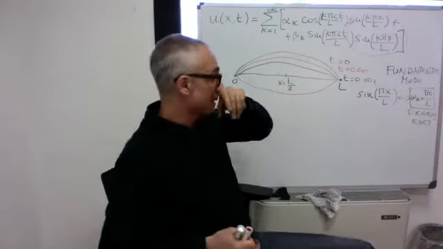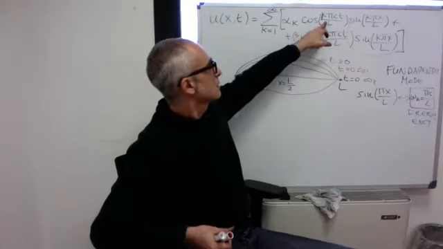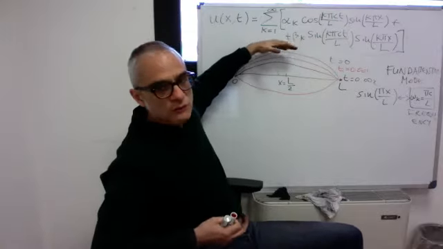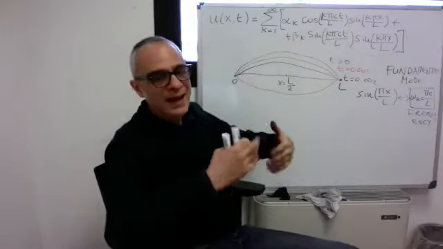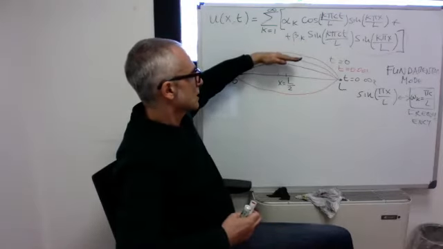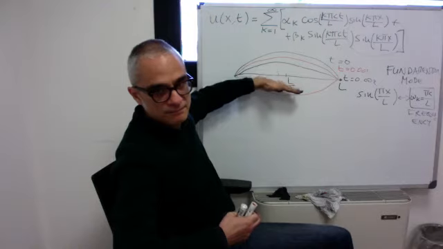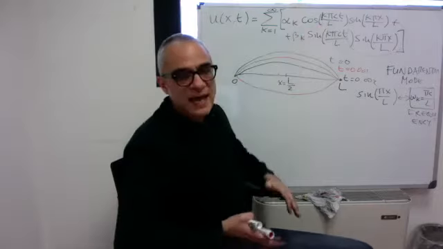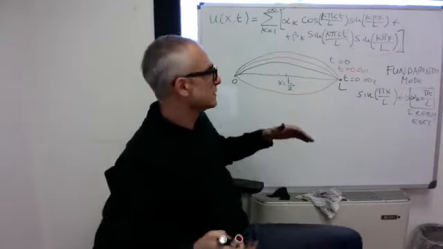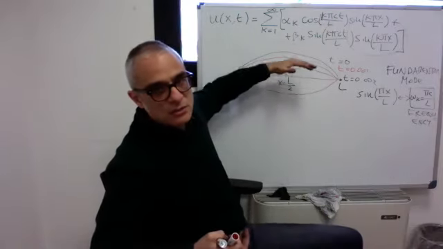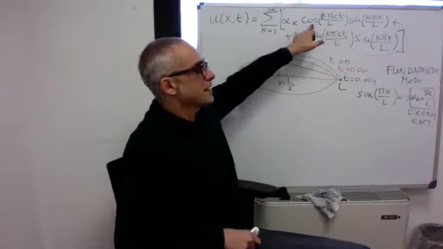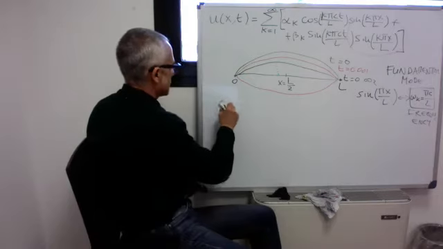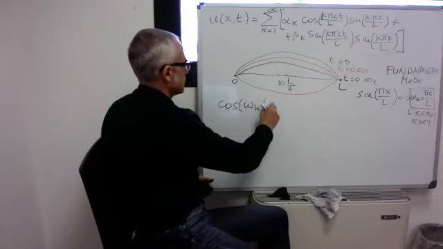If you think about it for a minute, you can convince yourself that if a frequency is very small, you will need to wait quite a bit of time, a large change in t, for the string to change its position. If the frequency is higher, in the same amount of time you will have a larger change in the form of the string, a larger change in the cosine or the sine of omega k t.